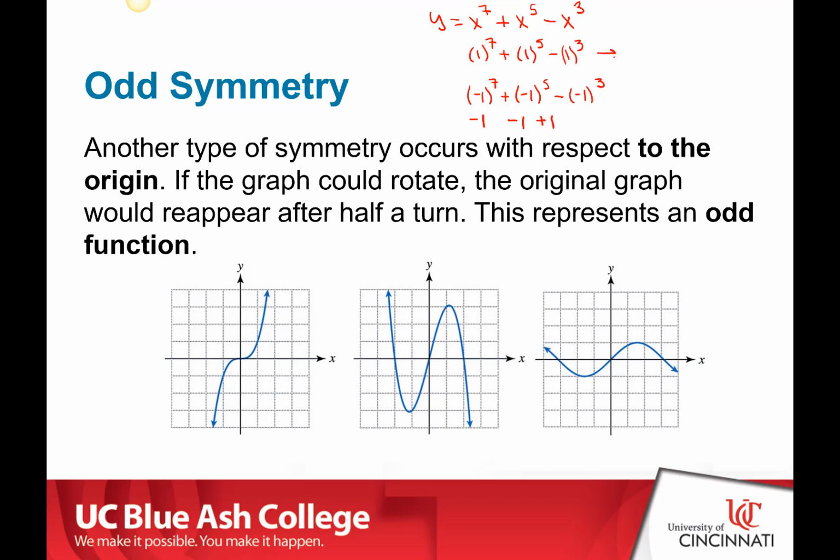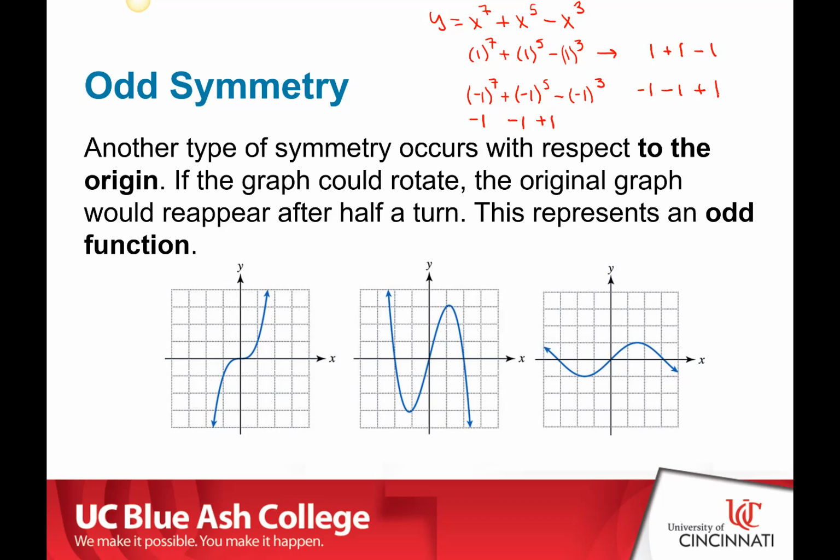Now, originally, what we got back was 1 plus 1 minus 1. Now what we're getting back is minus 1 plus 1. Every single sign on the second one is what compared to the first one? They're all the opposite, aren't they?